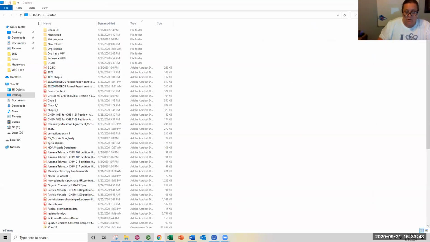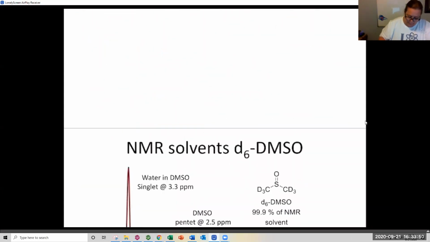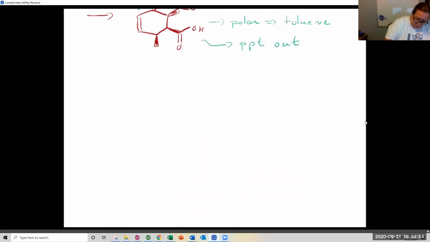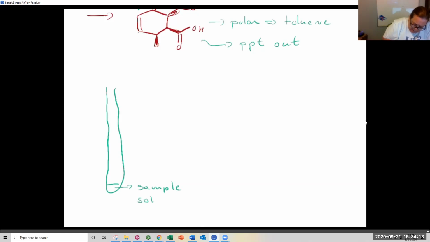So how do we do real NMRs in the real world? Well, we have to run our NMR in a solvent. You have an NMR tube, which looks like a very skinny test tube. It's about the same length as my Apple Pencil, but the diameter is probably half the size. You have some solvent and a sample, but the sample is solid, which means it's not homogeneous.